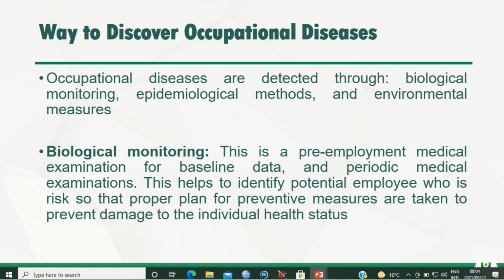Occupational diseases are simply detected through the following: biological monitoring, epidemiological methods, as well as environmental measures. So as a nurse working in an industry, part of your role is to do what we call biological monitoring, which I'm going to explain later as we go on in this video. Also, epidemiological methods and environmental measures.